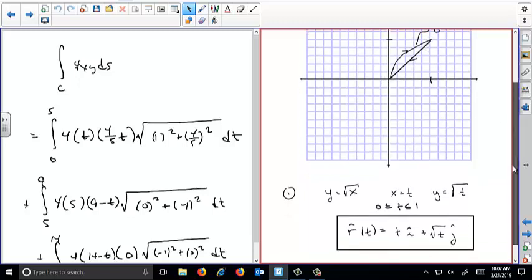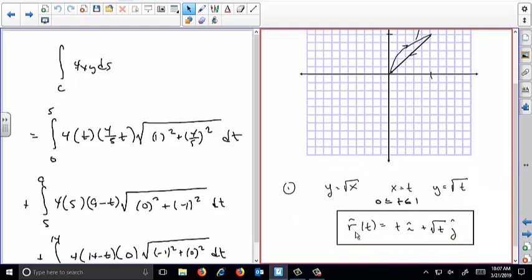So the vector representation of that path is x times the unit vector i plus y times the unit vector j. So x is t and y is the square root of t. So that's the limits on t. This would be x, this would be y in this case.